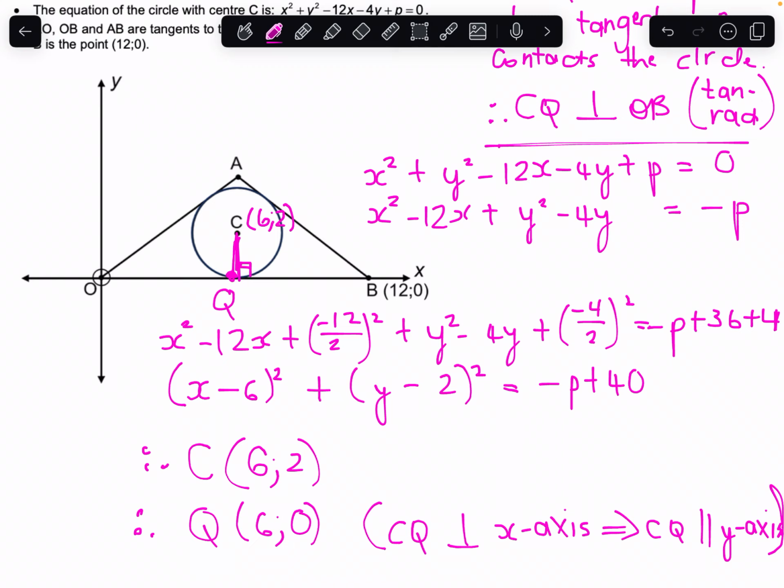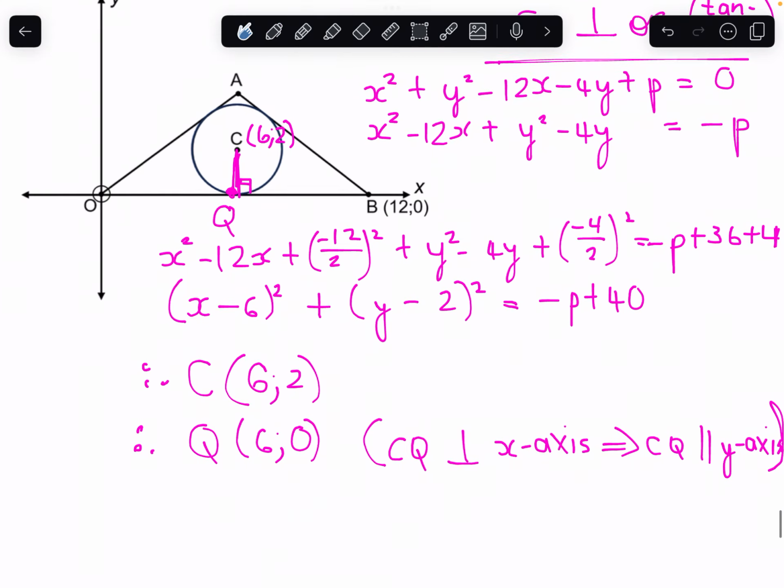Therefore, we can assume that the x-coordinate of Q will be exactly the same as the x-coordinate of C, right? And so therefore, the radius of the circle is 2 units, right?